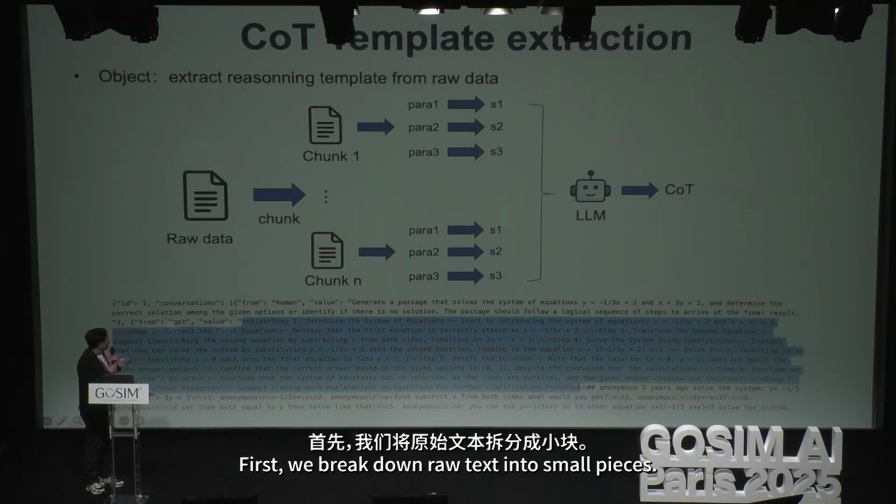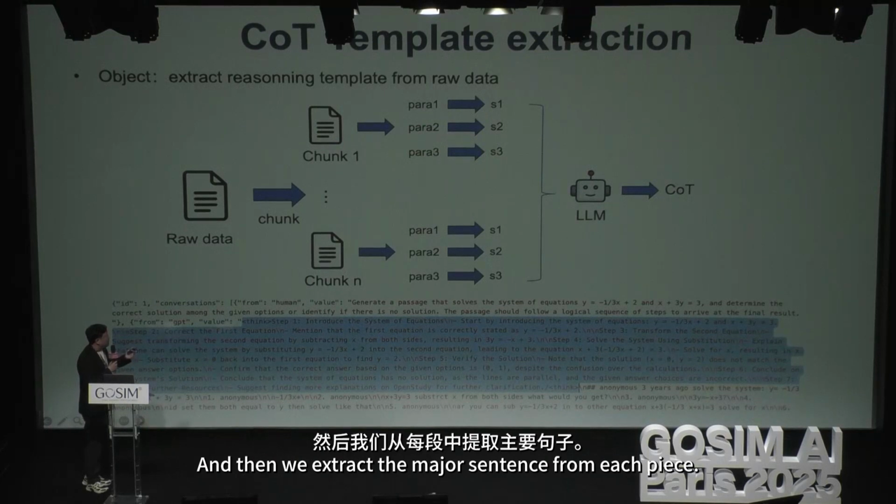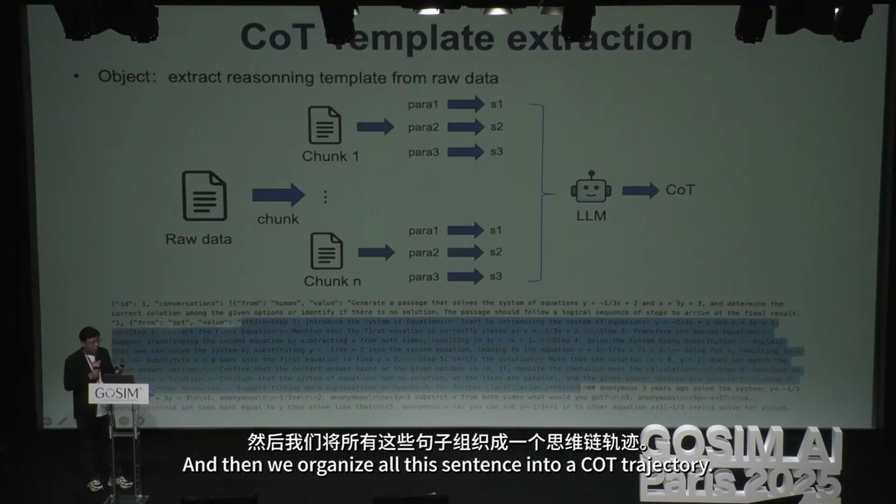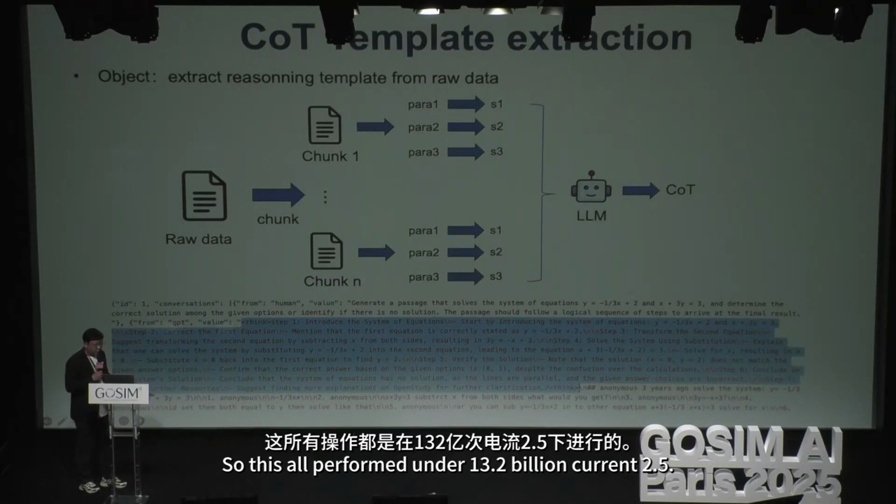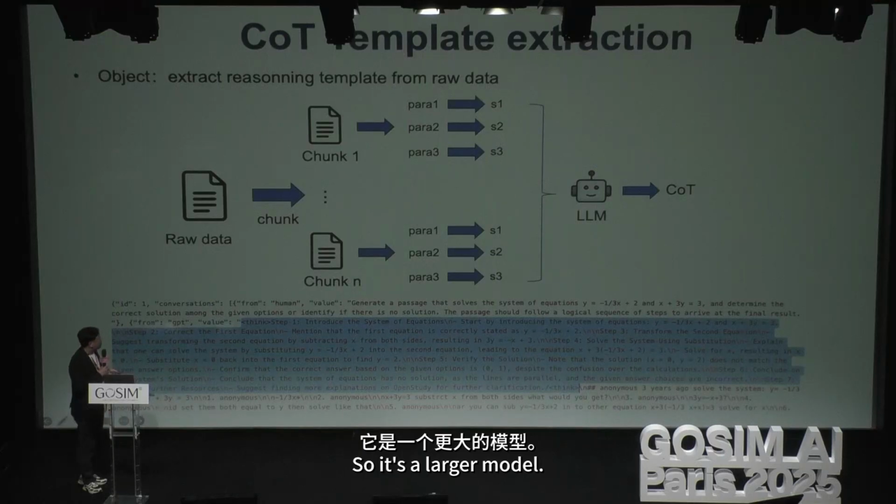This is the example. First, we break down raw text into small pieces, and then we extract the major summarizing sentence from each piece, and then we organize all these sentences into a COT trajectory. This is all performed with a 32 billion parameter Qwen 2.5, so it's a large model.